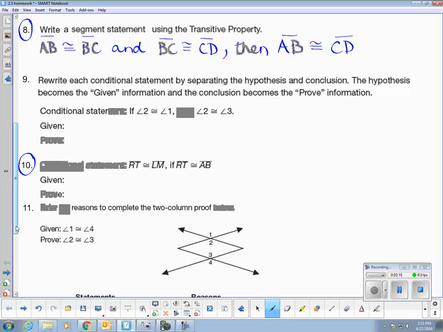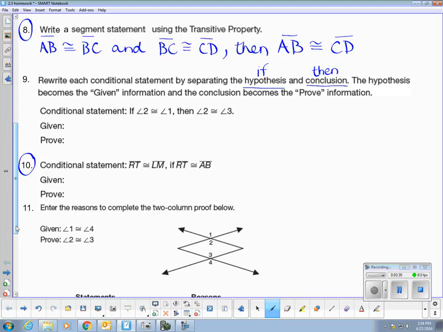All right, in number 10, I need to write each conditional statement by separating the hypothesis from the conclusion. The hypothesis is the part of the statement that begins with the word if. Conclusion is the portion that begins with then.